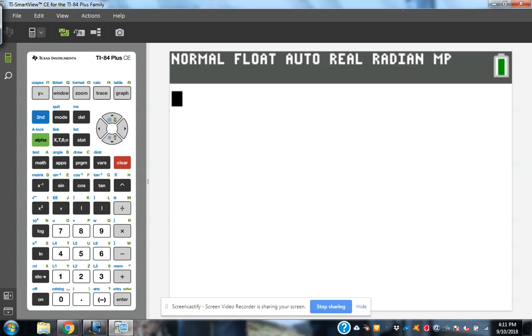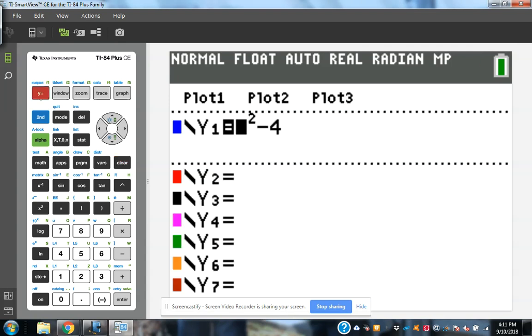On the graphing calculator, you can graph these piecewise functions as three individual pieces. If you put each piece in parentheses, I'm going to put 3x plus 2 in parentheses. And then another set of parentheses, I'm going to put the domain for that.